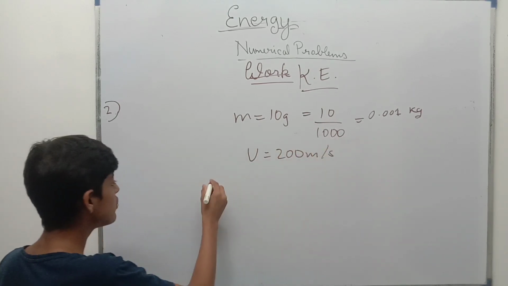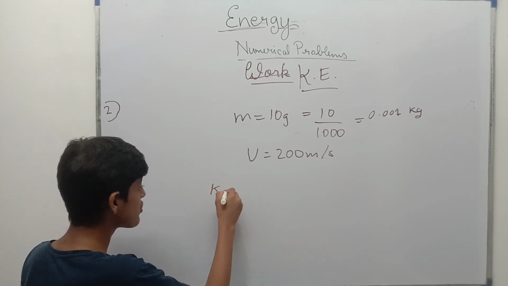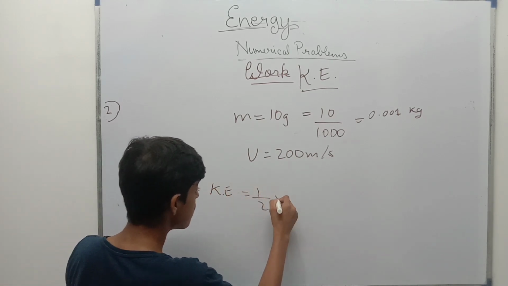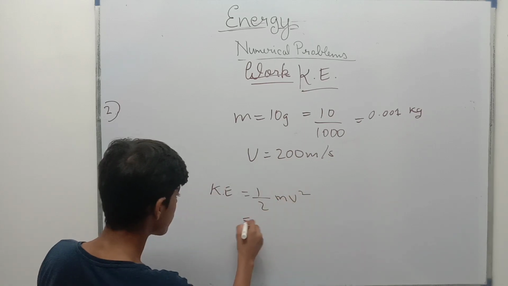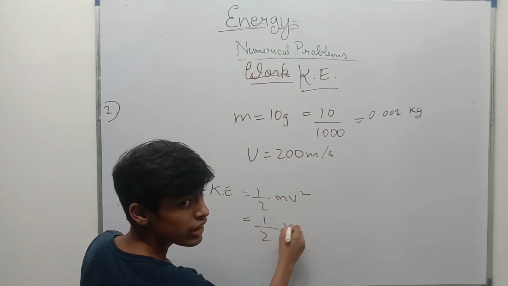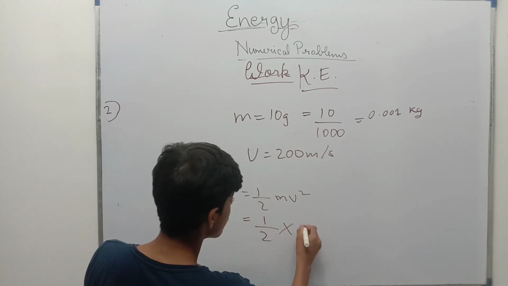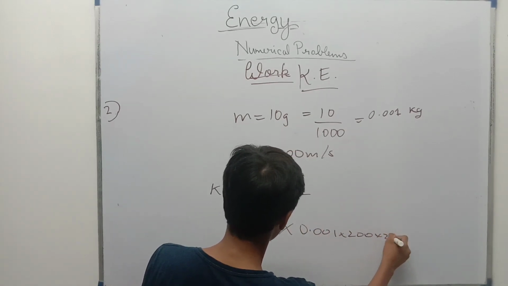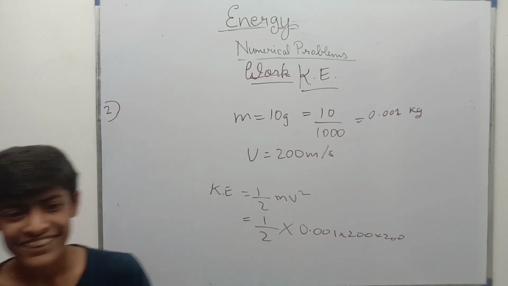Now we will apply the formula, KE equals half mv square, which is 1/2 into 0.001 into 200 into 200. That is wrong, isn't it?